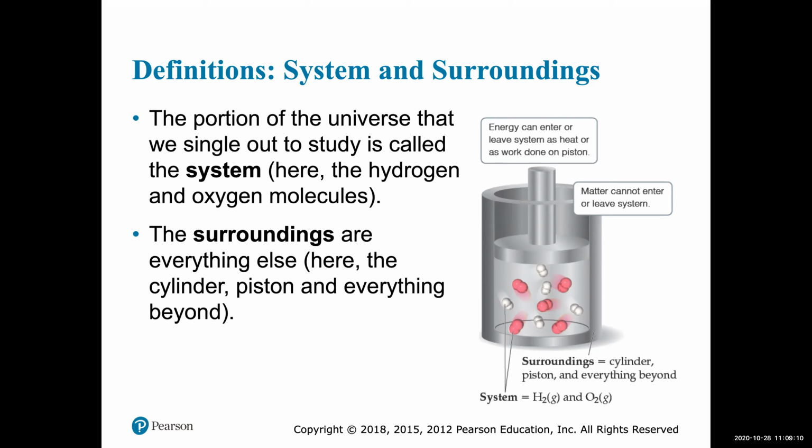In this example, with a couple of gases and a piston, the hydrogen and oxygen gas molecules are the system. The surroundings are the piston, the container, and all of the other stuff around it. We'll talk about things going into or out of the system, and into or out of the surroundings. That's a real key thing for how we define it.